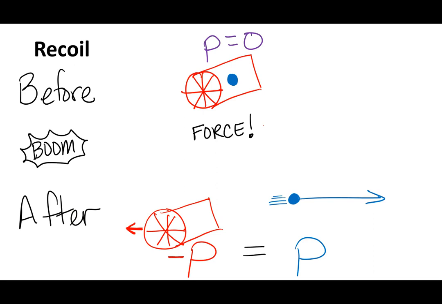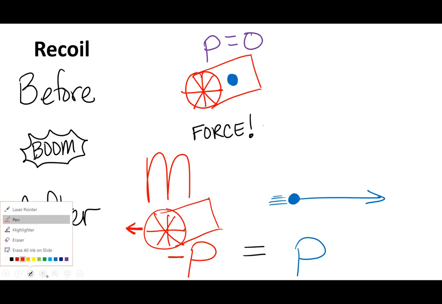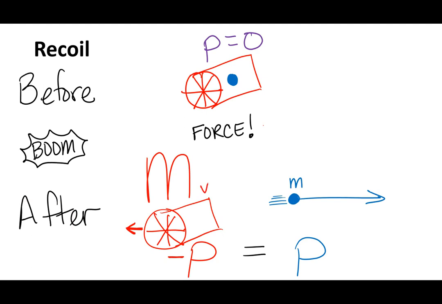Well, the cannon has a gigantic mass. I mean, you can't even pick these things up. They have to be rolled into place. The cannonball, relatively speaking, has a small mass. You can pick up a cannonball. It's pretty heavy, but it's still possible. Well, for these to have equal momentums, if the cannon has an extremely large mass, it must have a small velocity.